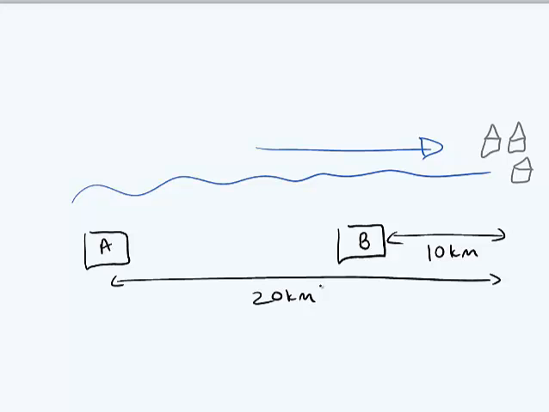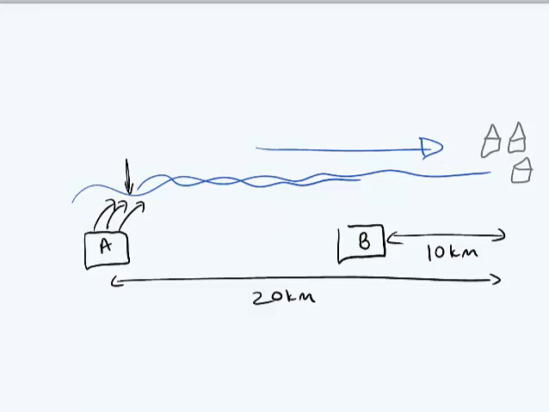So when factory A emits pollutants or waste material into the river, it pollutes the river over here, 20 kilometers from the city. The river then has some time to work on that pollutant and to decompose it and to make it less harmful to humans.